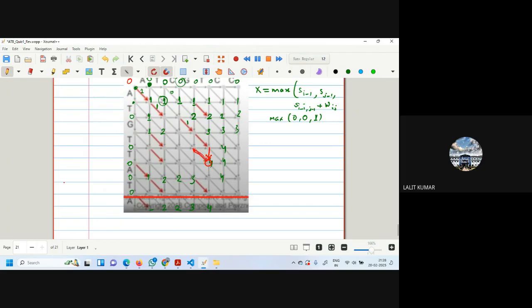So backtracking can take place to both sides. So it can go here also, here also. And from here, we can check what are the values. So if it has come from here, then I follow this path. And then I see from where this value has come. This value has come from here, and this value has come from here. So this is how I build the path. Okay.